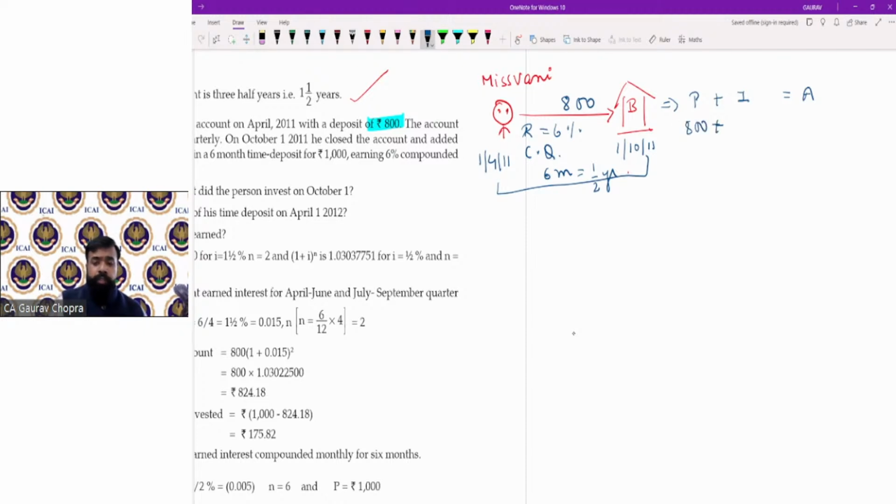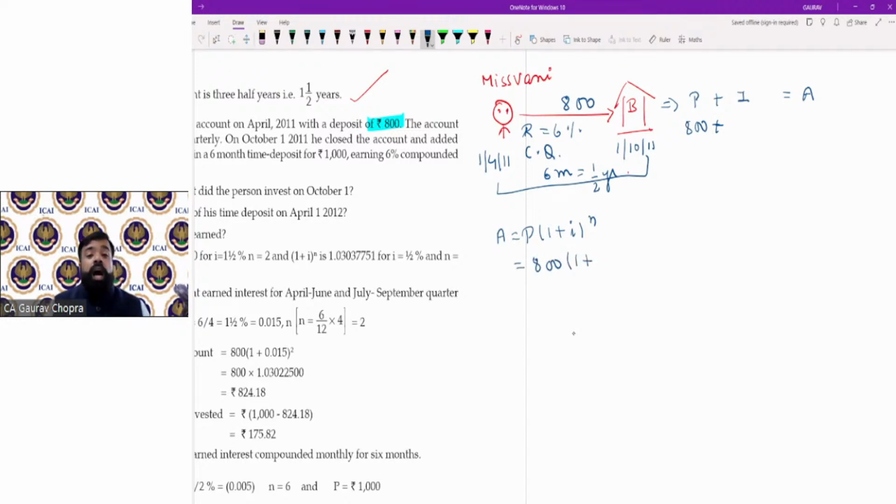Now, how much interest will she earn for the 6 months? First, we have to calculate that portion. So let us calculate interest. We can apply the formula: amount is equal to principal times 1 plus i whole to the power of n. What is the principal? 800.